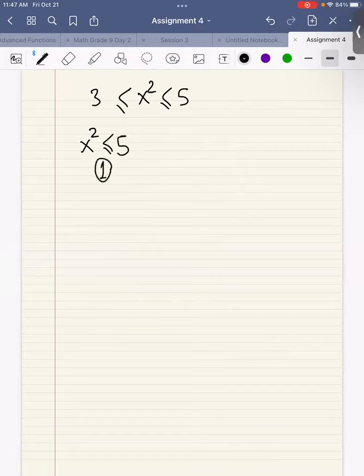So x squared, I told you, is less than 5 and bigger than 3. So that means x squared has to be less than 5, and at the same time, so this is 1, and then 2 is x squared greater than 3.